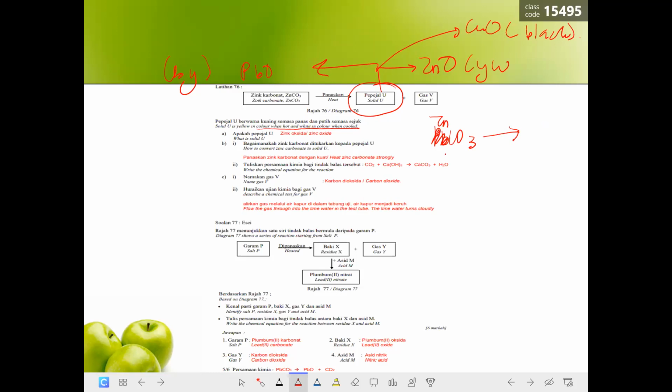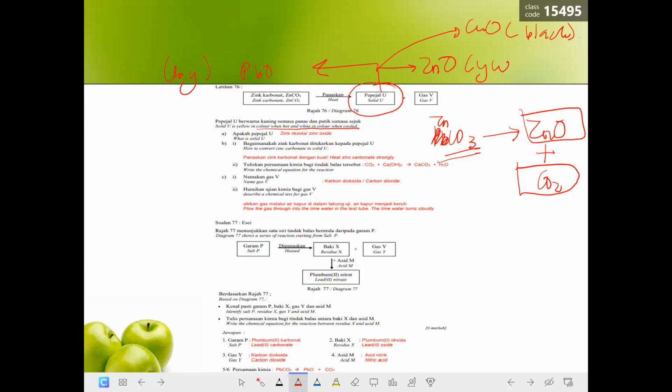When I heat up a carbonate, what must I get? Carbon dioxide. And my major product? Zinc oxide. Very good. Mardia, teacher would like to hear your voice too. Okay, zinc oxide and carbon dioxide. You're going to see a lot of these same questions in the next few slides.